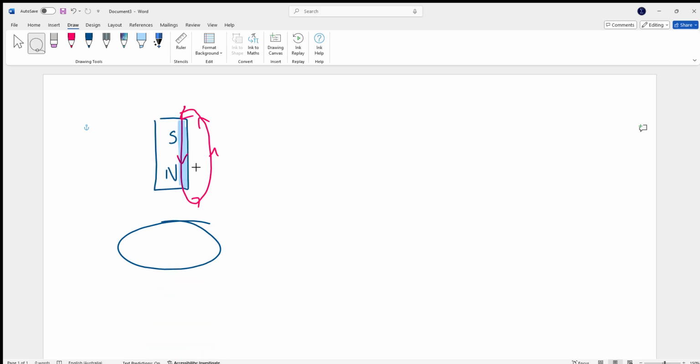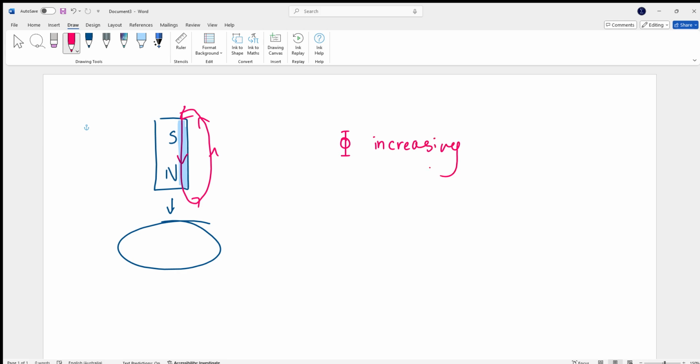Now Lenz's law basically says an induced current produces a magnetic field that opposes the change in flux. So here, let's say I'm moving this towards here. What we've got to understand is, is the flux increasing or decreasing? Because it's going towards it, the flux is increasing, okay?